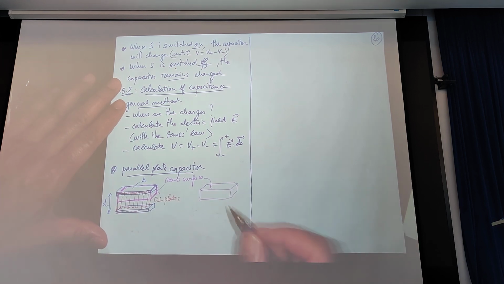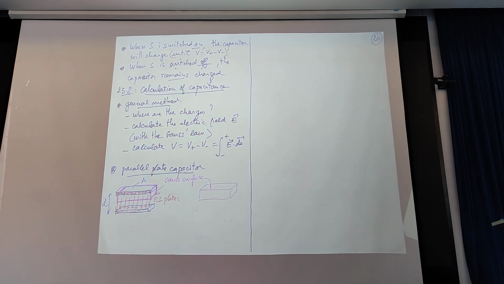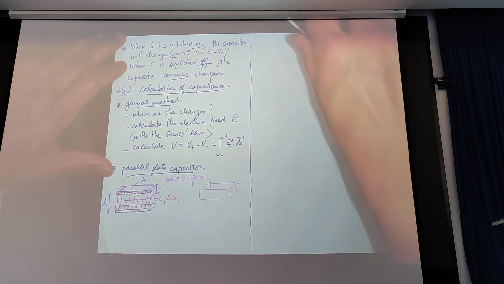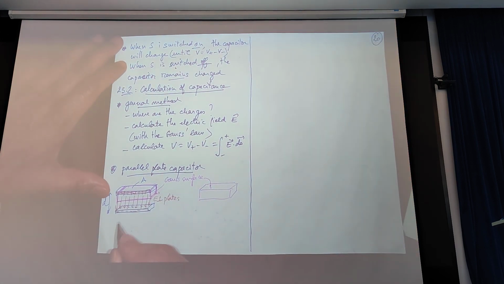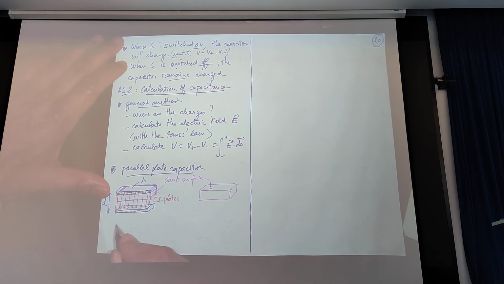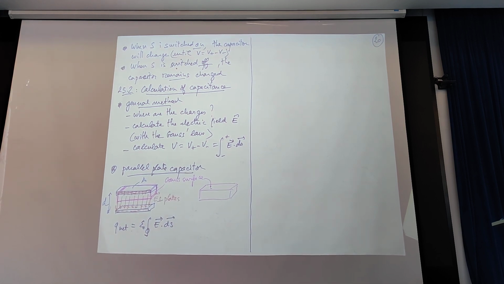Now it's like a parallelepiped. You remember the Gauss law? The Gauss law says that the net charge inside is equal to epsilon 0 times the flux of the electric field through the Gauss surface.